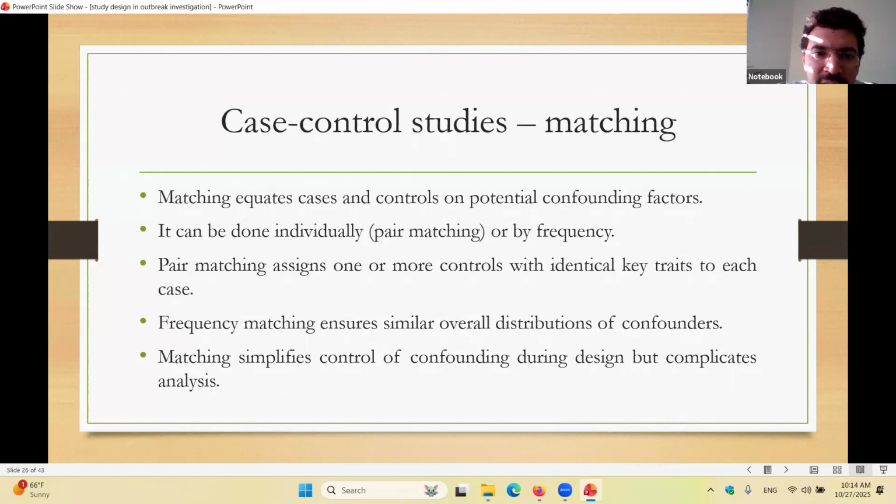And the second case is a 40-year-old man, and you find also a 40-year-old man for the control group to compare these individuals between two groups.